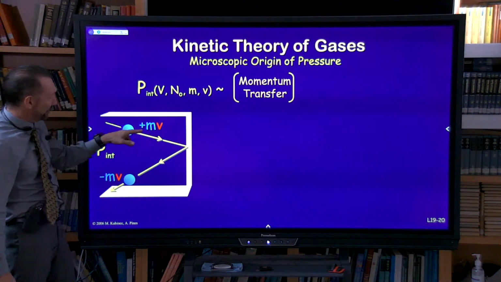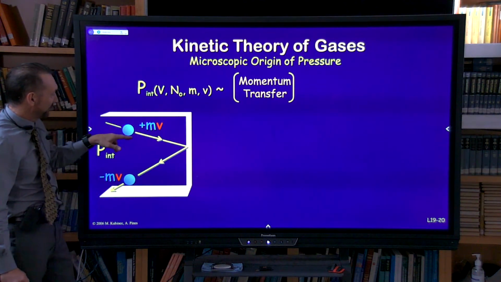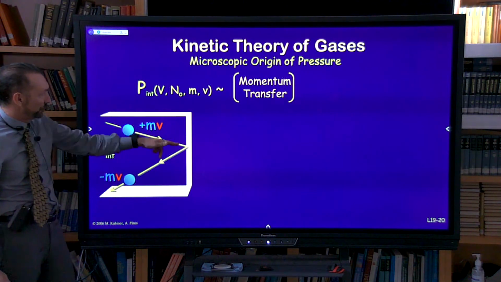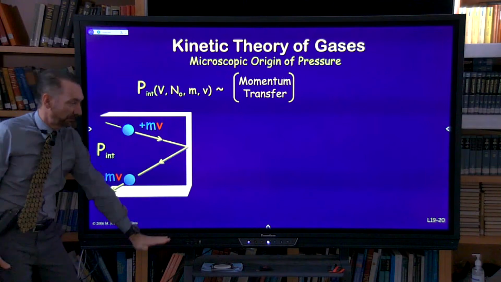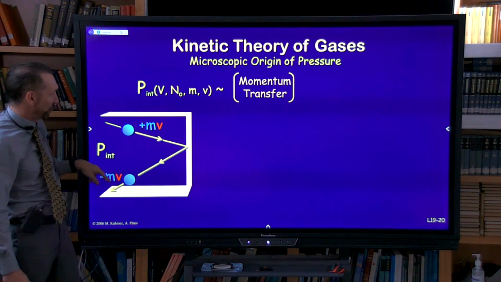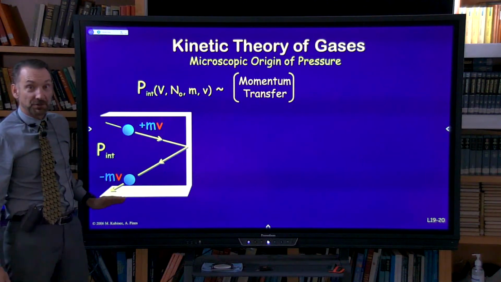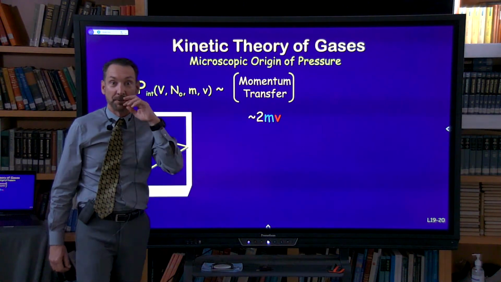But momentum is conserved. So how did I get a particle going from plus mv to minus mv? That's a factor of 2 mv. I went from plus mv to 0 to minus mv. That's a factor of 2 times the momentum. So that is what is transferred to the wall in that collision. So something like 2 times the momentum of the particles.